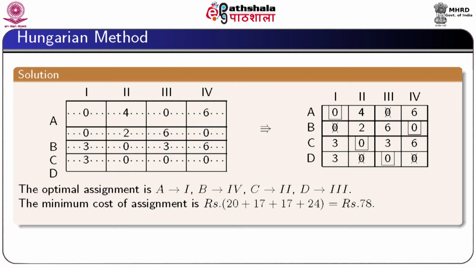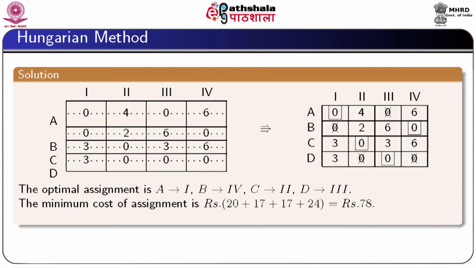We write the results or table as shown on the right hand side of the slide, and for finding the optimal solution, we look for a row or column where a single zero is there.